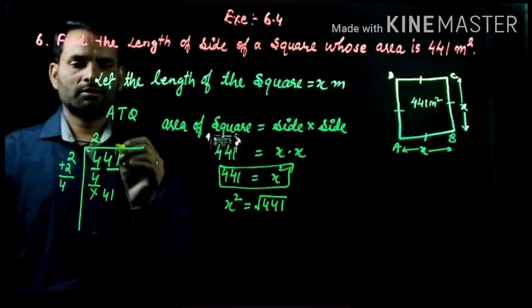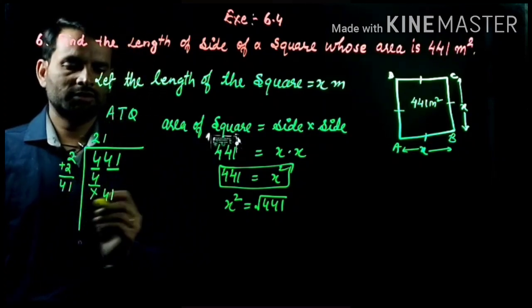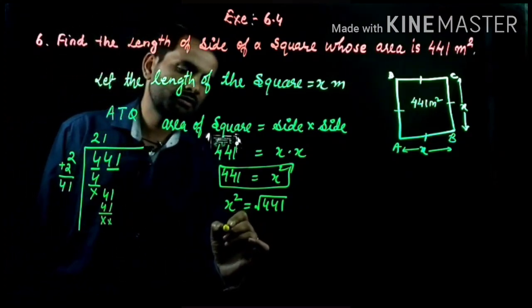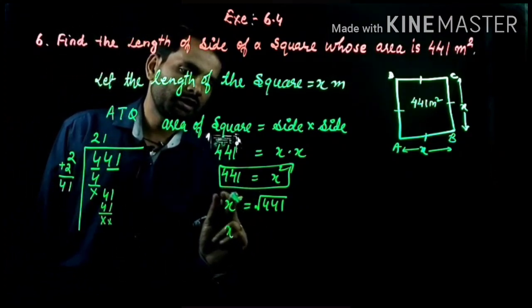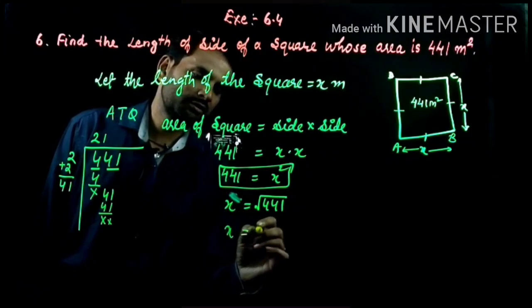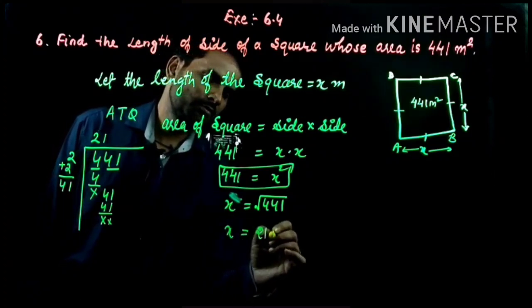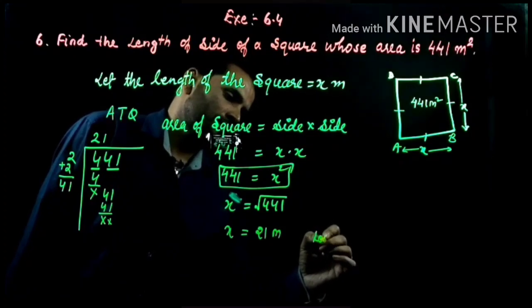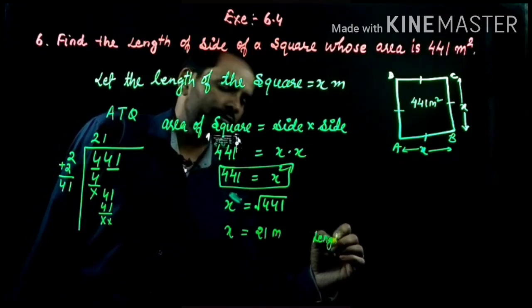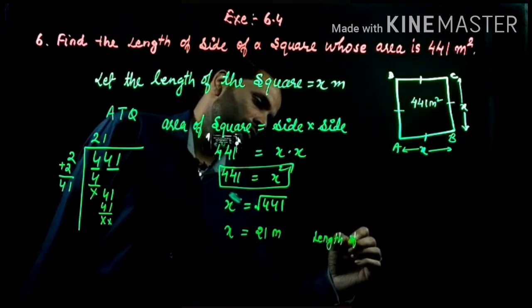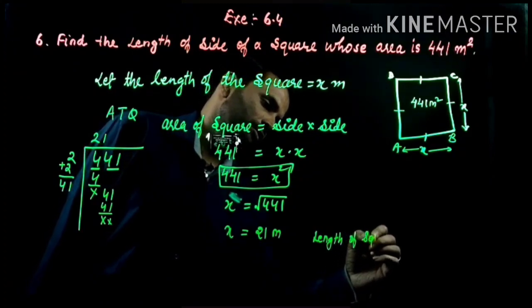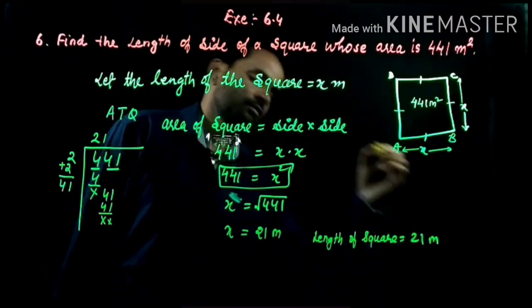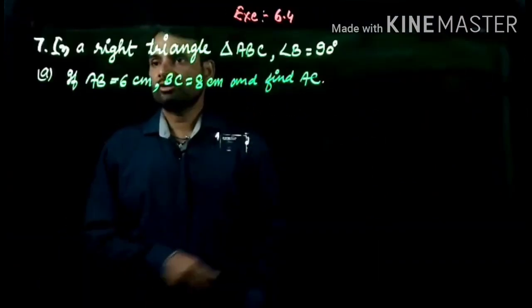Okay, and only one time, that is 41. It means x is equal to the root of 441, x is equal to 21 meter. So the length of the square is 21 meter.